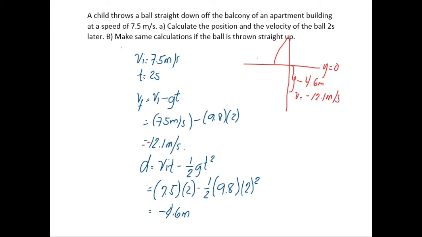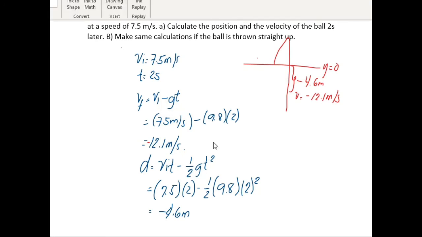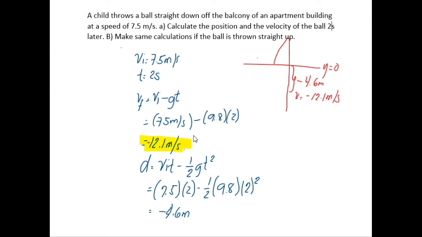So those are our answers for part B. The velocity is negative 12.1 meters per second, since it's already moving downward, and it has reached a distance of negative 4.6 meters from the initial position y equal to 0.